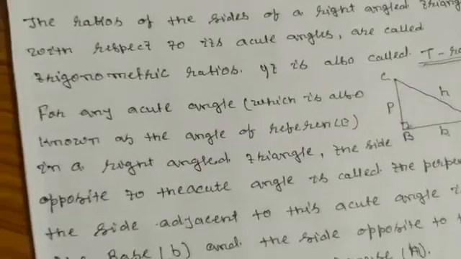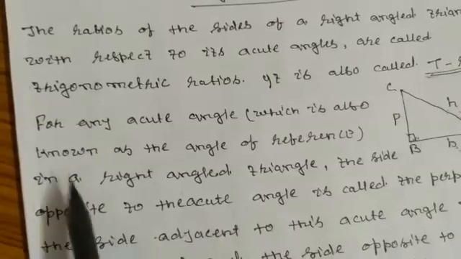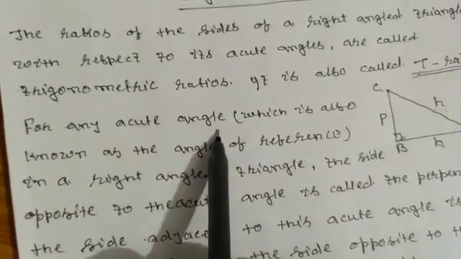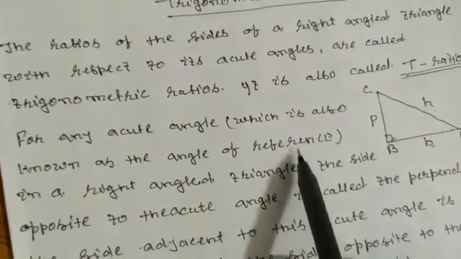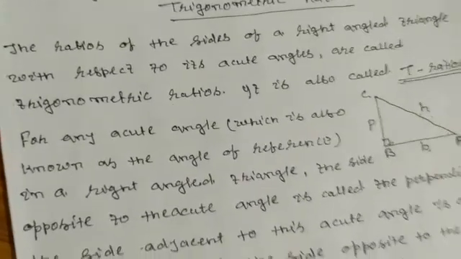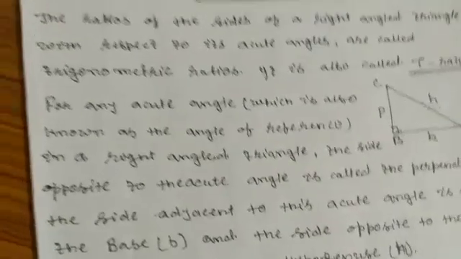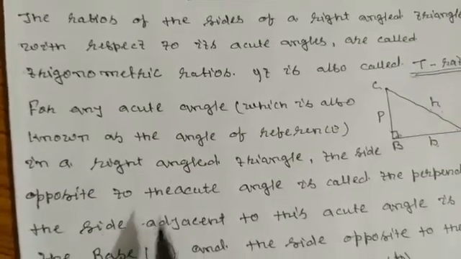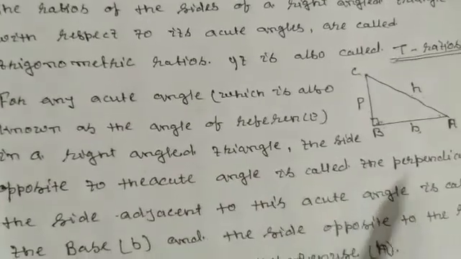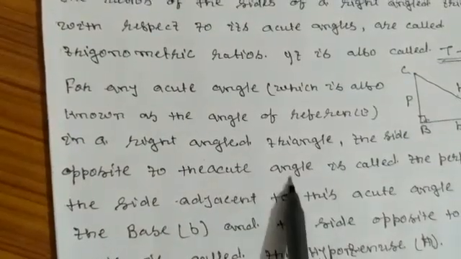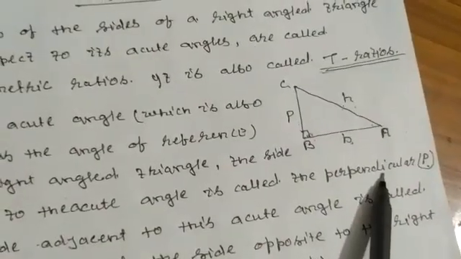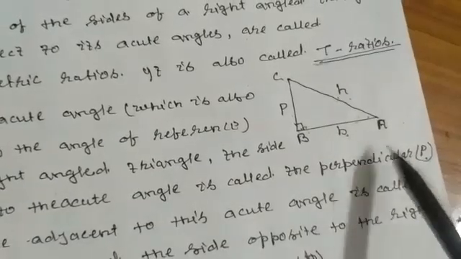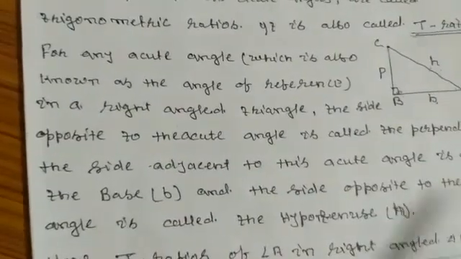Now let us see, for any acute angle, which is also known as the angle of reference, in a right angled triangle, the side opposite to the acute angle is called the perpendicular and it is denoted by P, either small or capital.